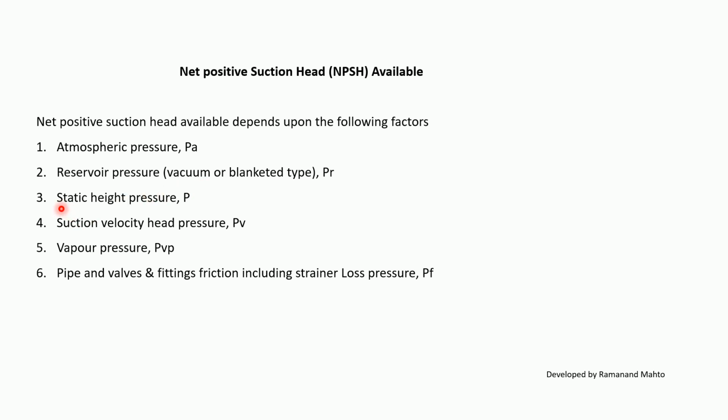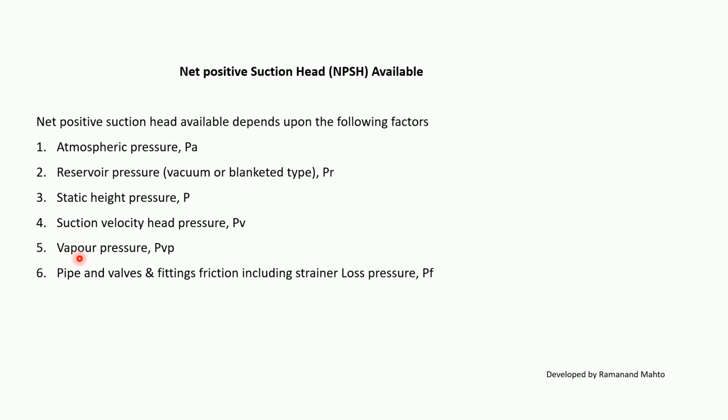Point number 3 is static height pressure. If pump location is above the reservoir, then it is considered as negative. If pump location is below the reservoir, it is considered as positive. Point number 4 is suction velocity head pressure, and it is always considered as a driving force, so it is always positive.